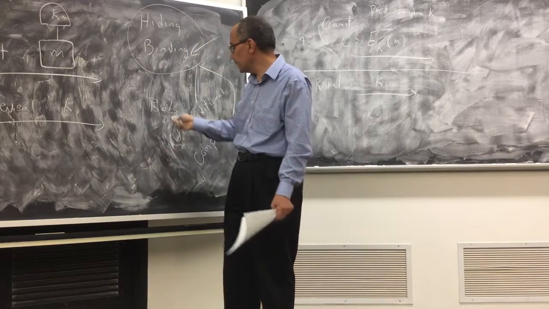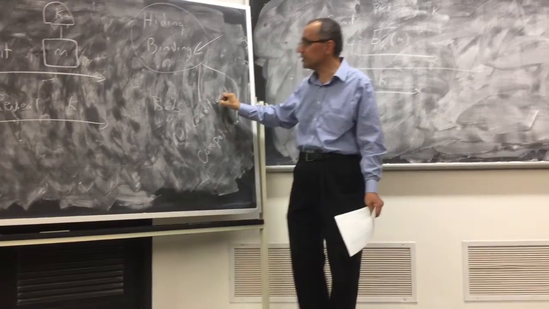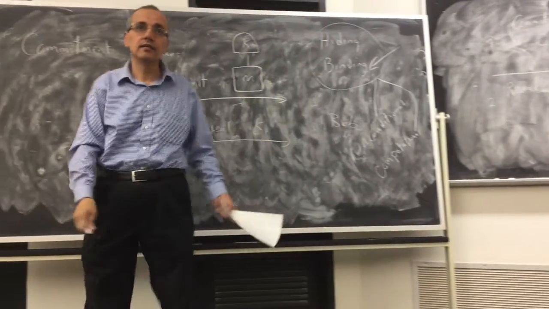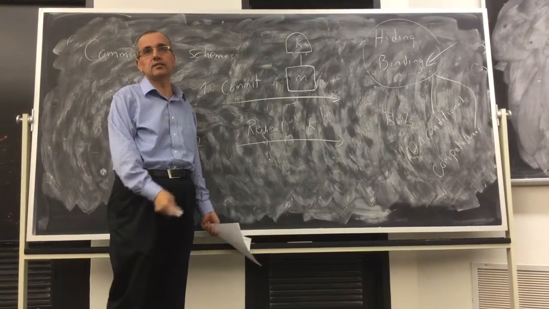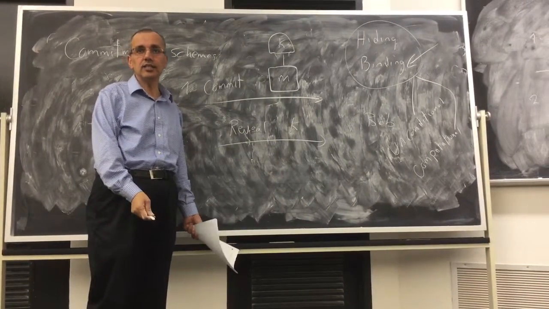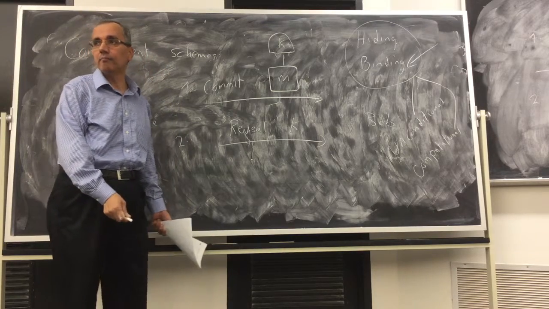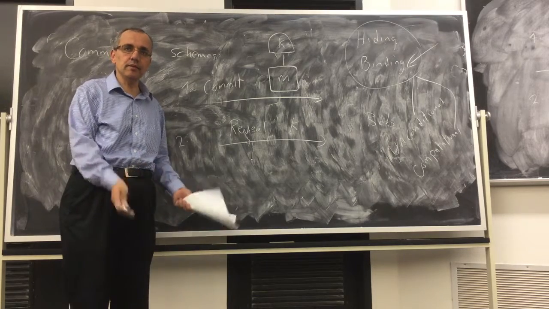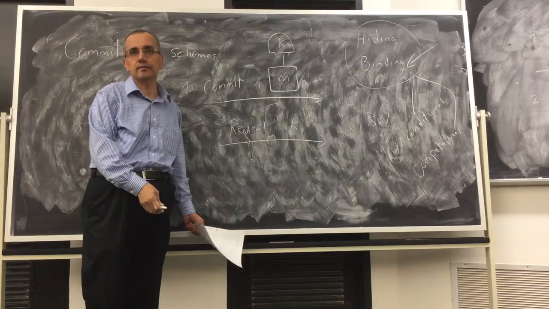Same thing for the binding property. If I talk about unconditional binding, it means that this side, no matter how powerful it is, cannot change its mind. If I talk about computational binding, it means that if it has some limitations on its computational power, then it cannot change its mind.